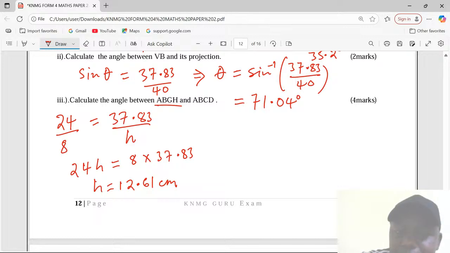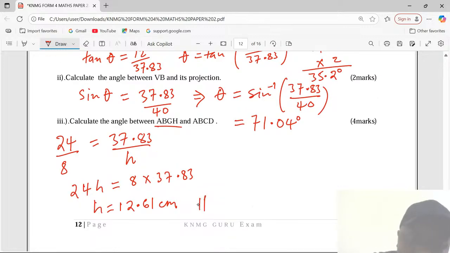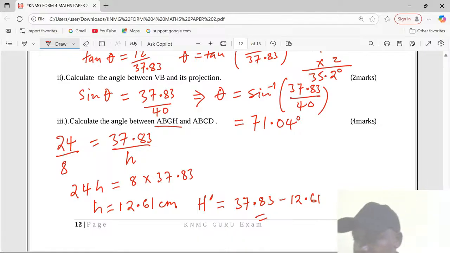centimeters, which means that the height which remained is 37.83 minus 12.61. We get 25.22.